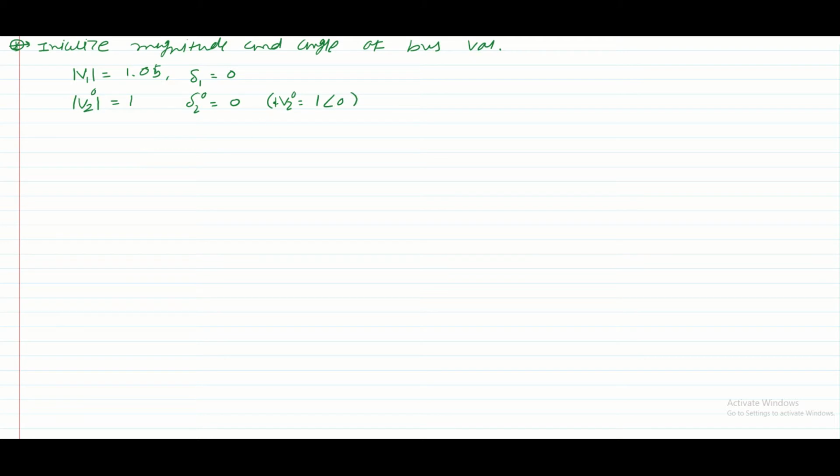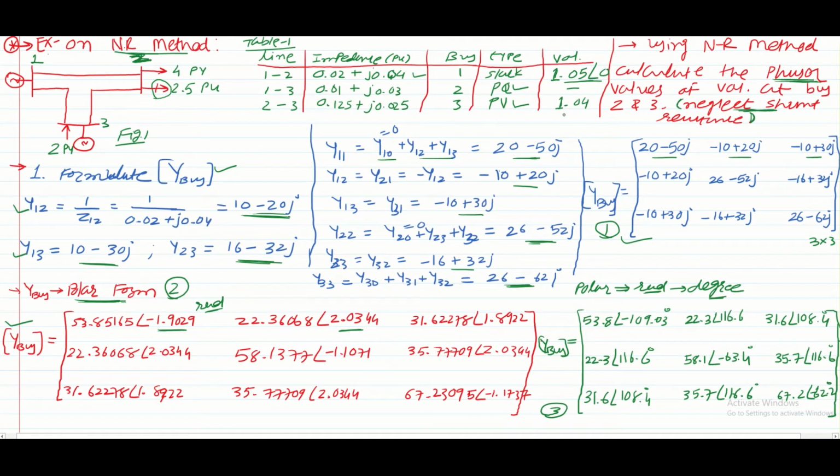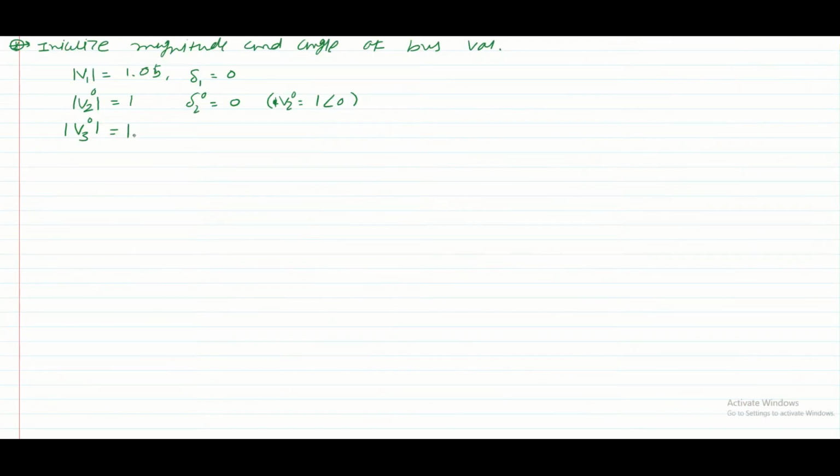Okay. Next, for V3 0, the value of the magnitude is given, which is 1.04. We will assume the value of the angle to be 0. Clear?